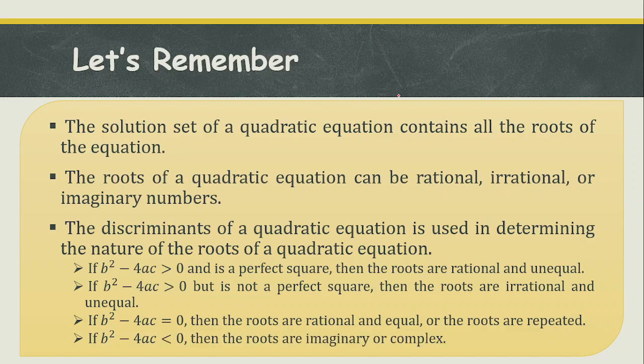And lastly, case number 4, if b squared minus 4ac is less than 0, then the roots are imaginary or complex. Please do remember these 4 cases. And please remember, again, the formula for finding the discriminant is D equals b squared minus 4ac.